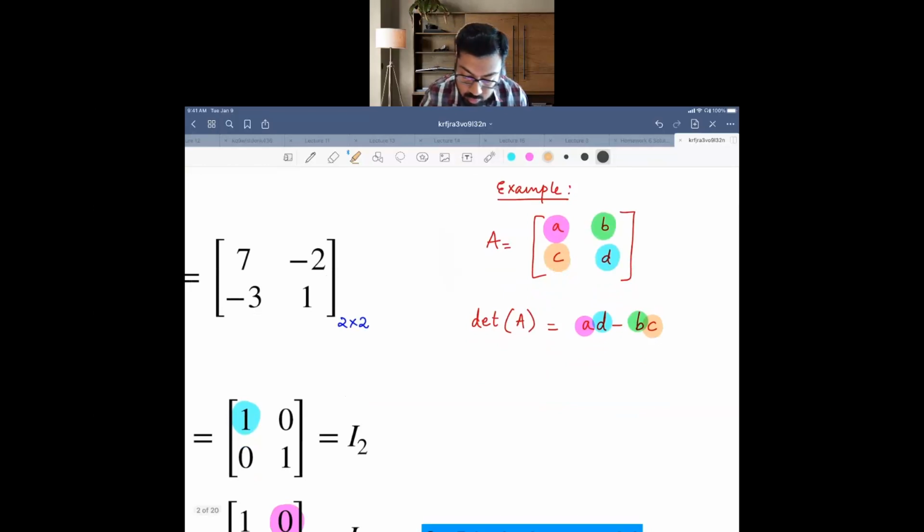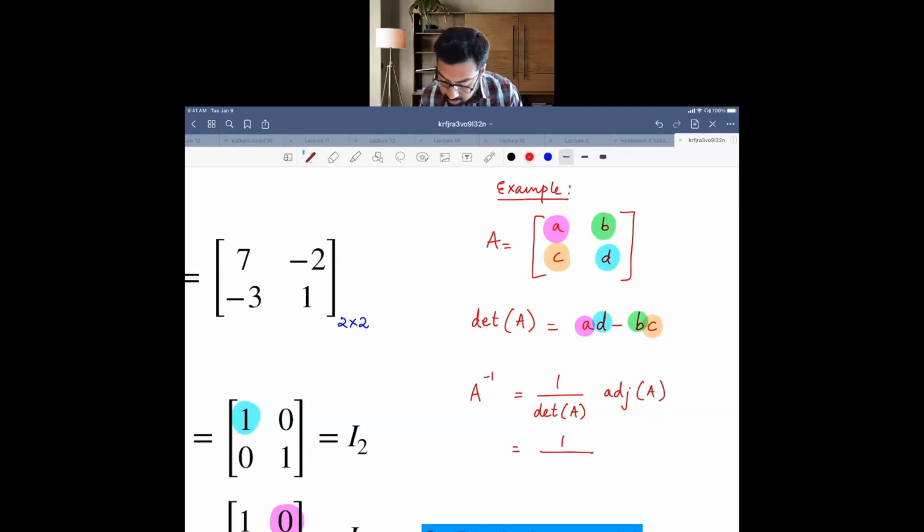And when you go for A inverse, the inverse of A, it would simply be 1 divided by determinant of A multiplied by the adjugate of A. And in this case, you have 1 divided by determinant of A, which was AD minus BC.